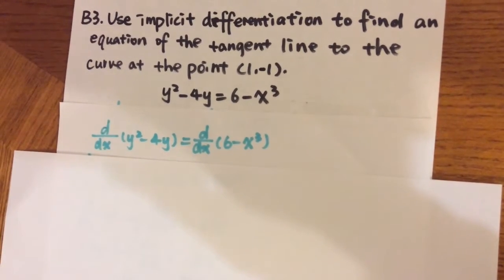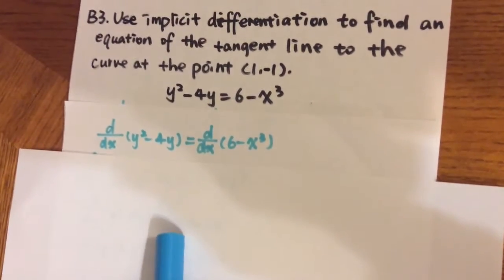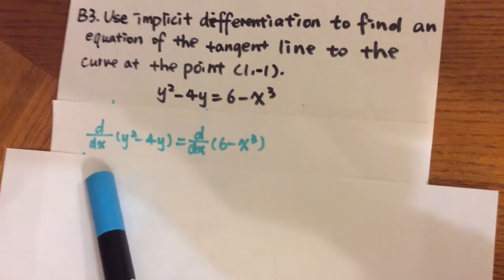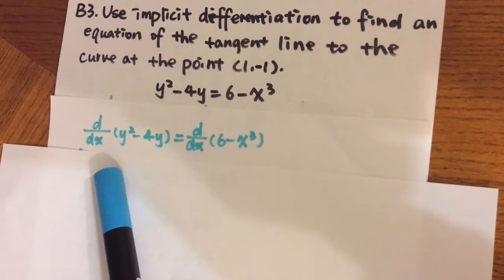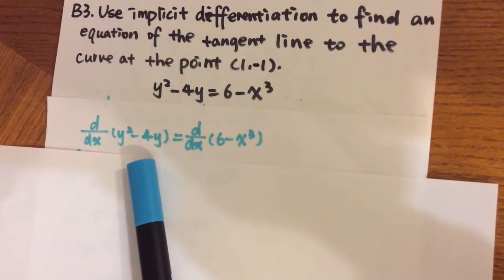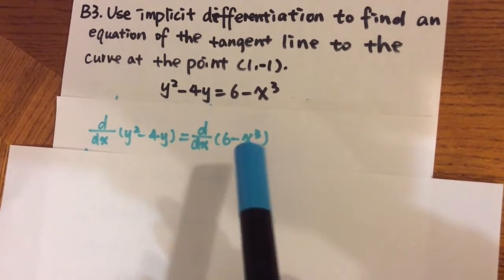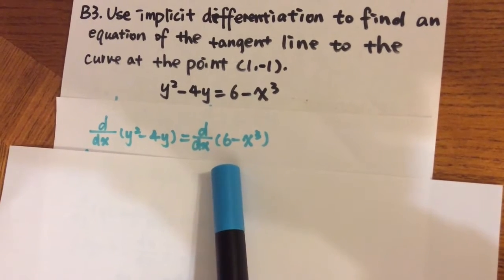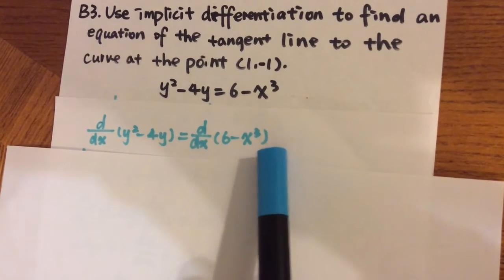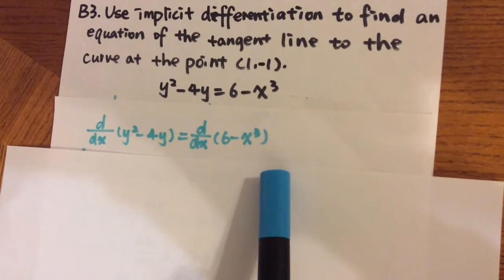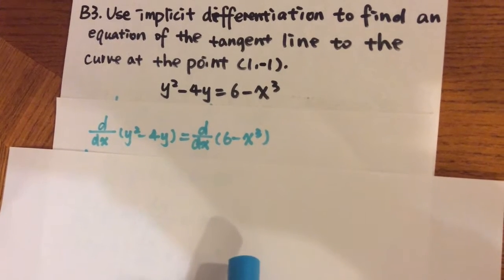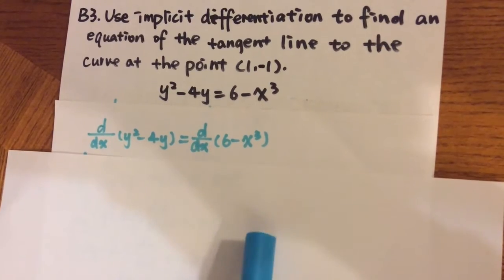So use the implicit differentiation way to rewrite this question: d over dx of y squared minus 4y equal to d over dx of 6 minus x to the power of 3. And this is the way to find the derivative of this equation.